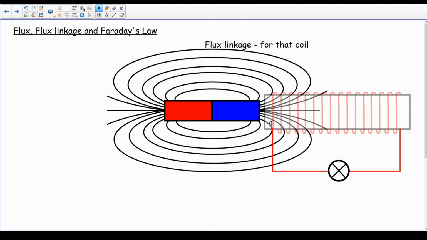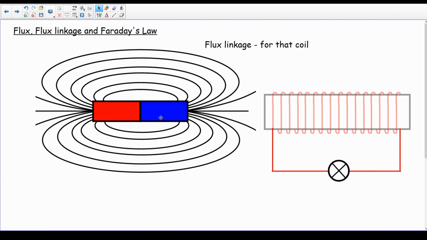So rather than just saying there's 1, 2, 3, 4, 5, 6, 7, 8, 9 lines of flux being caught in total, that's not true, because this coil is catching 1, 2, 3. This one is catching 1, 2, 3, 4. This one's catching 1, 2, 3, 4, 5, 6, maybe 5, maybe 6, and so forth. So the number is different for that.